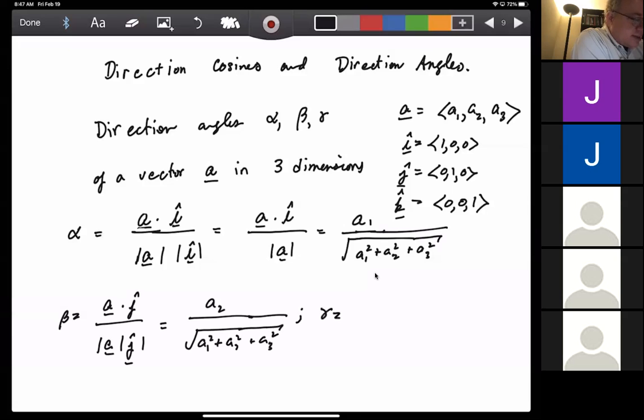And the gamma is the direction angle with the z-axis. So that's going to be A3 over the length of the vector.